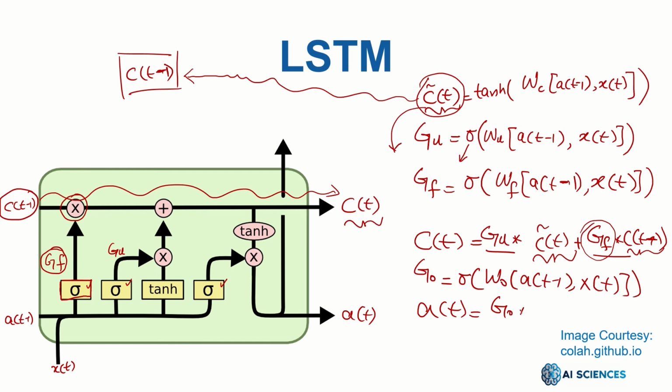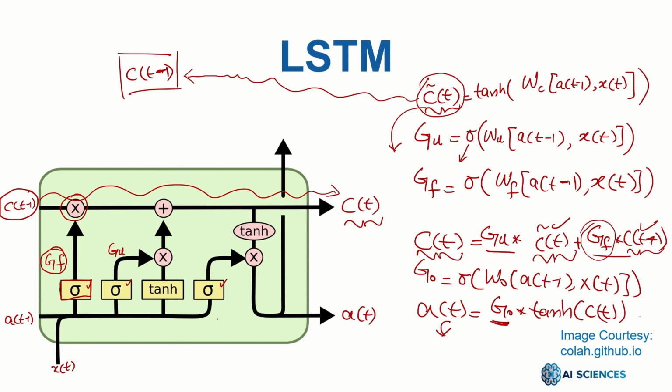So G o times tanh of c t, whatever the c t is, because we might have updated c t with the new value, or we might have kept it as it is. And here we may want to use it or read it, or we may not want to use it.